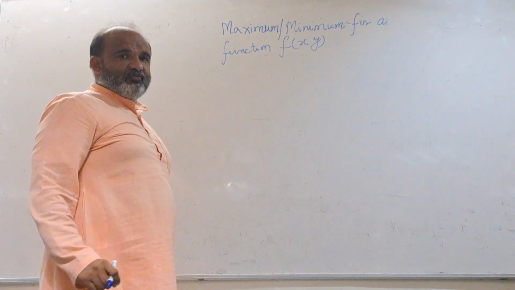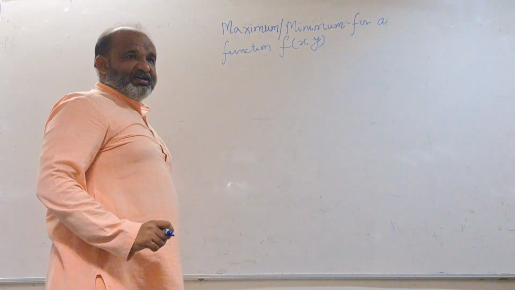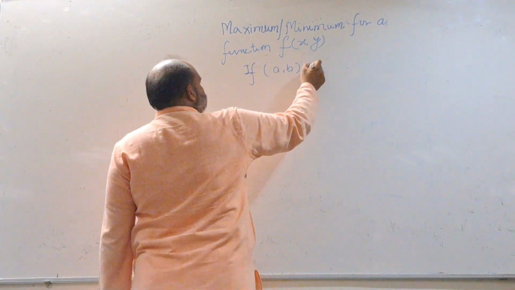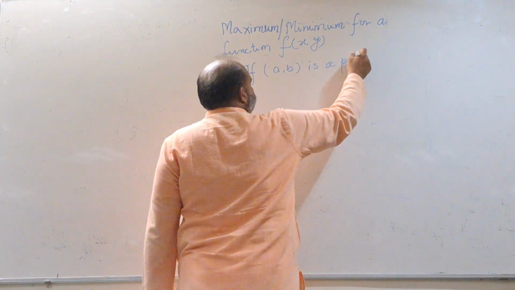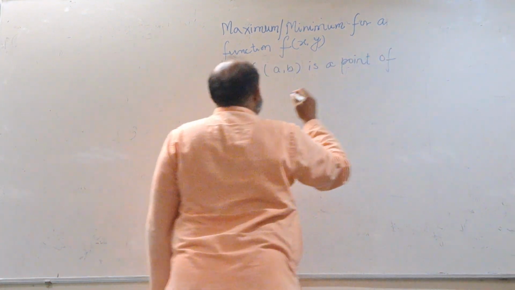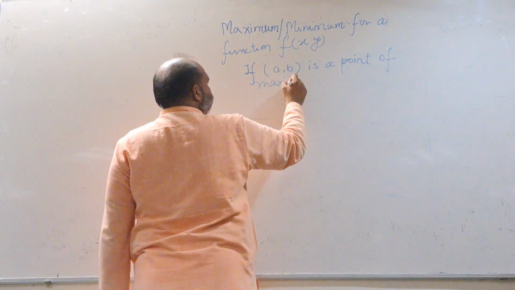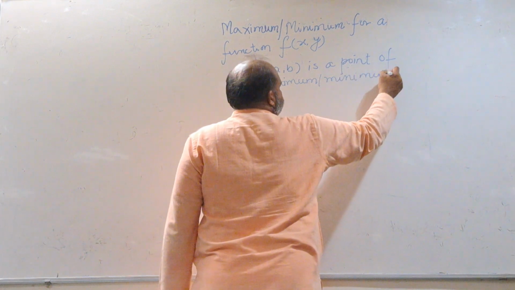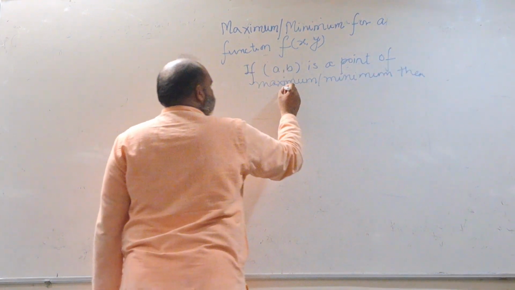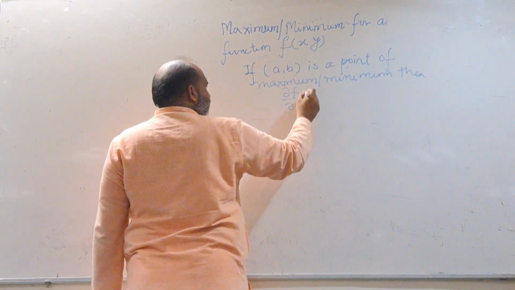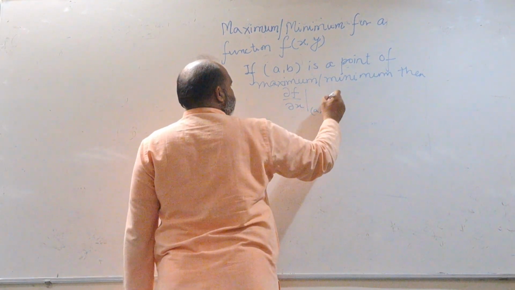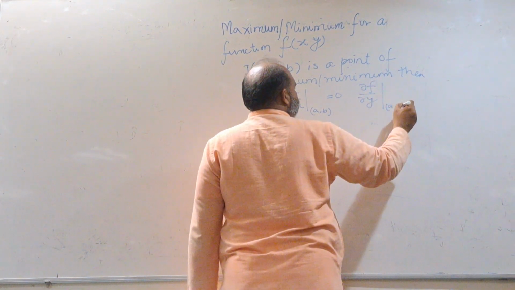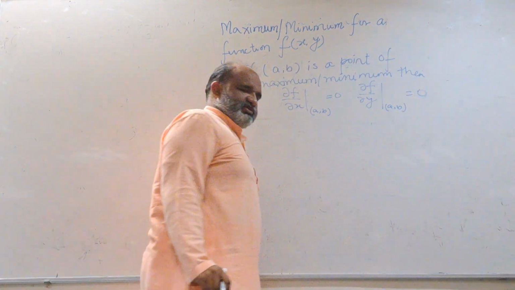The result so far from the first derivative test is that if (a, b) is a point of maximum or minimum, then del f over del x at the point (a, b) is equal to 0 and del f over del y at the point (a, b) is also equal to 0, right?